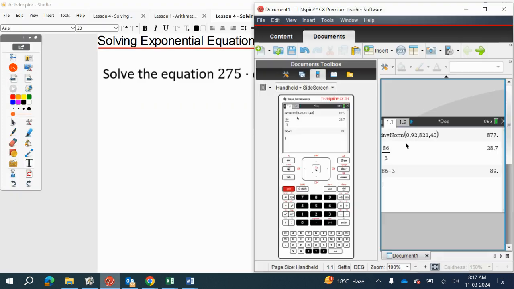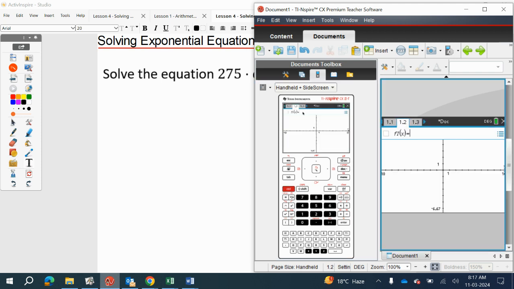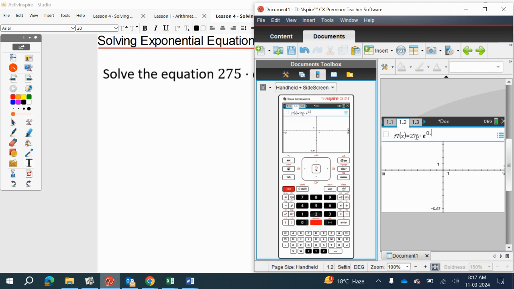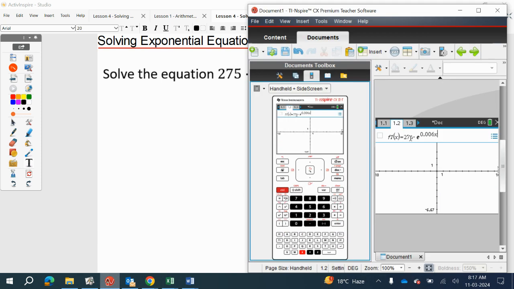So we should be able to draw the graph quite quickly and easily. We add a page, we add a graph. We want the left-hand side, which is 275 times e to the 0.006x. There's one zero. And then we want the right-hand side graphing of 1,000.